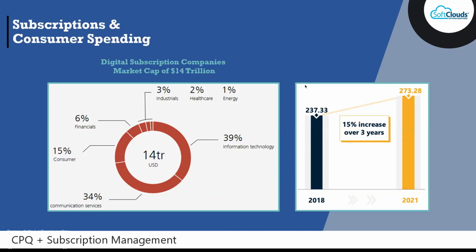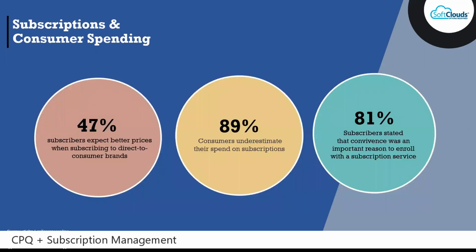Anything from healthcare to financials. Consumer product is probably the one we're most familiar with, but also communication services, things like your cell phone, your subscription TV services, etc. But all of these continue to grow pretty rapidly during this period of time.